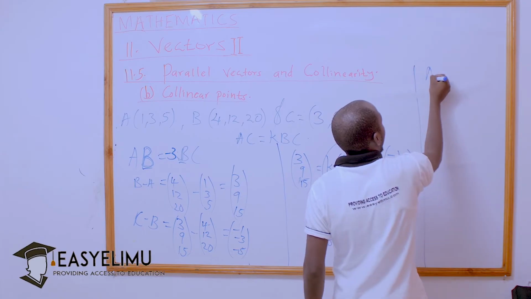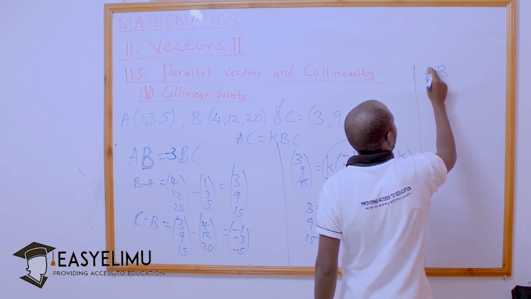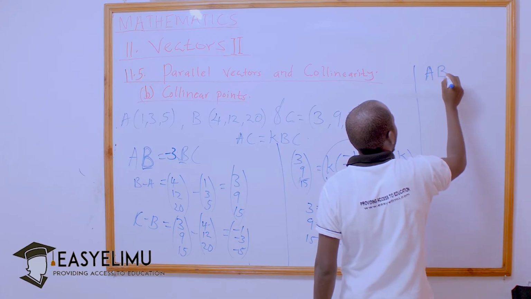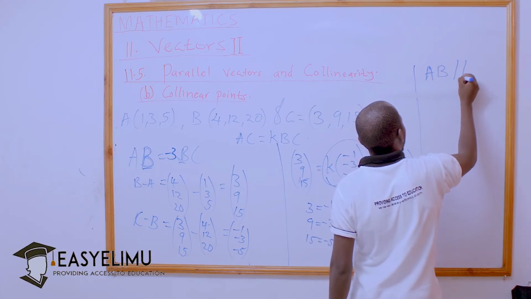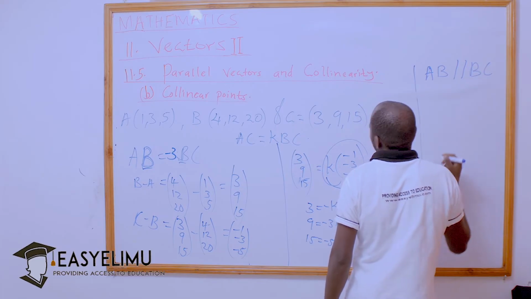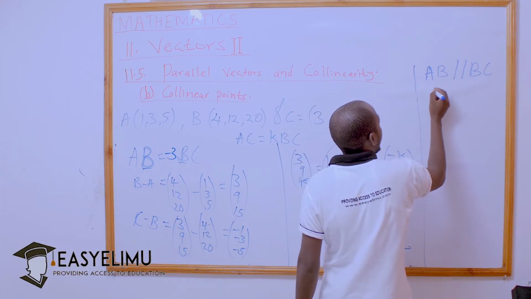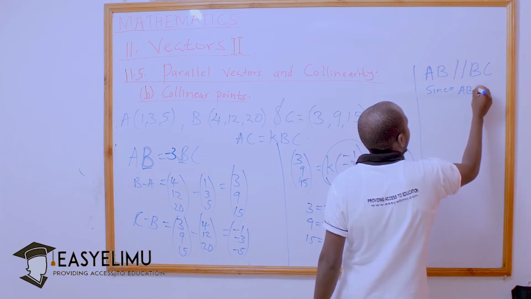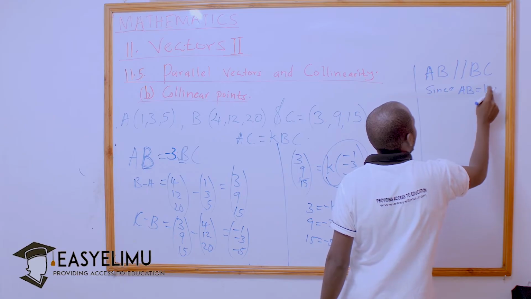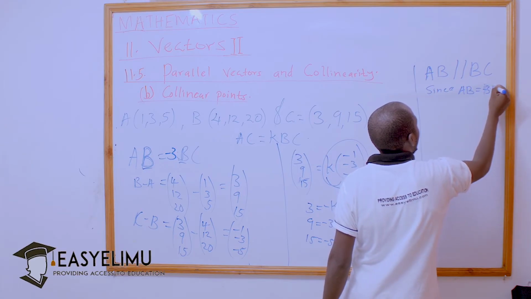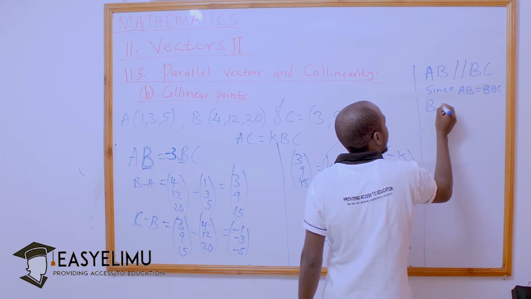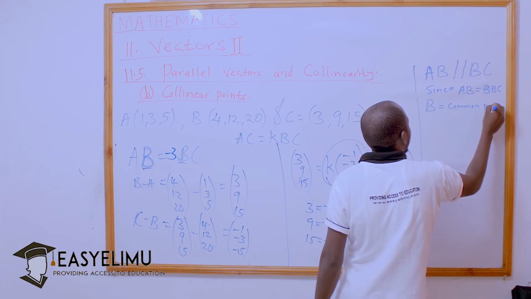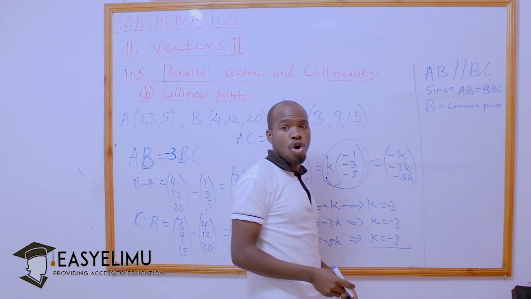Now we can say vector AB, which is denoted by capital bold letter AB, is parallel to BC. Since we have found that AB is equal to a scalar multiple, which is -3BC, and B is a common point between the 3 points, it means that they are collinear.